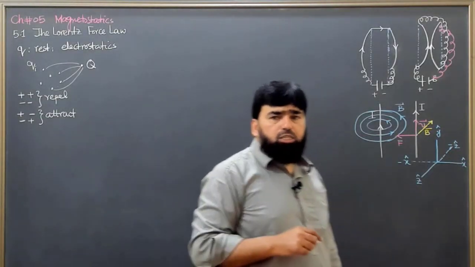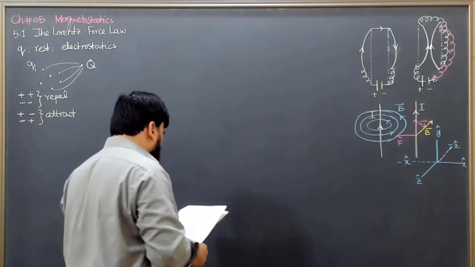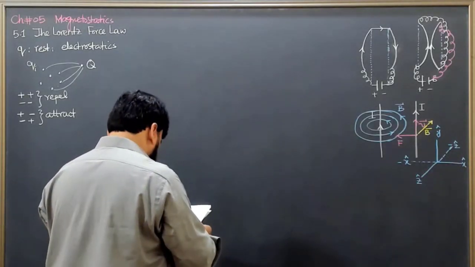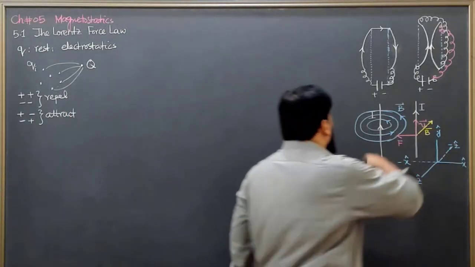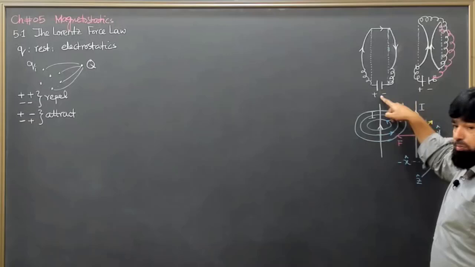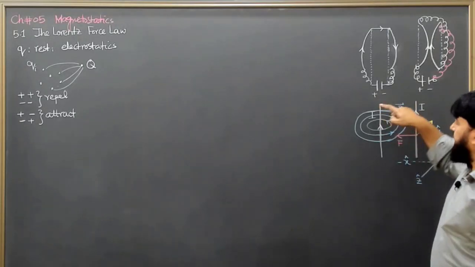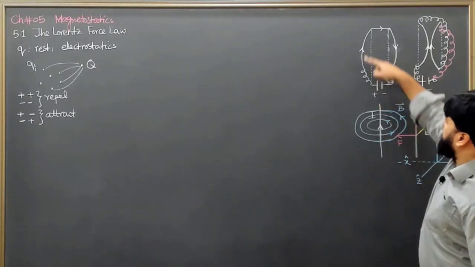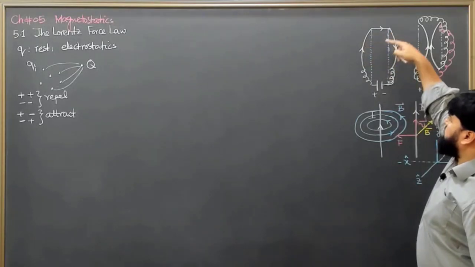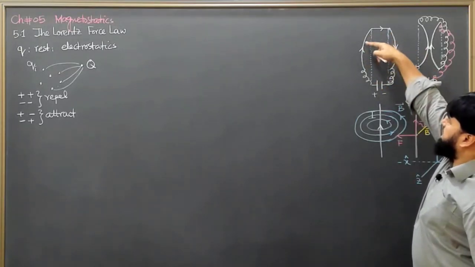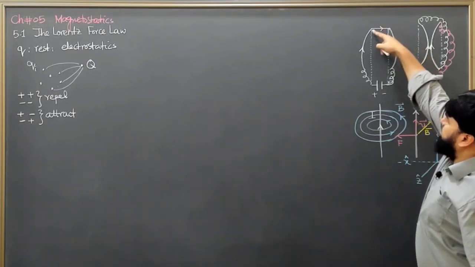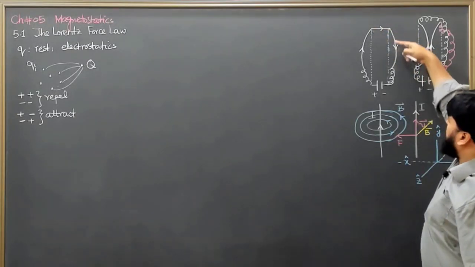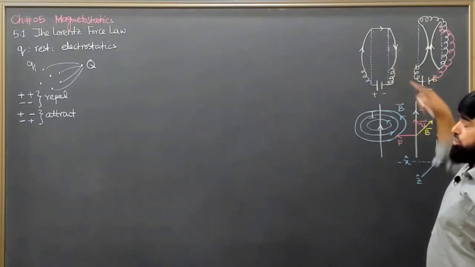Now we consider a situation in which we have a potential source, a battery, and we connect a wire to this terminal, it is fixed somewhere here, and the current then comes back to this terminal.